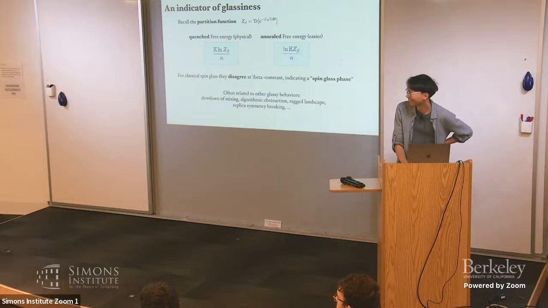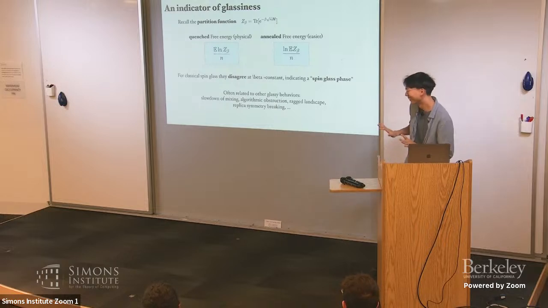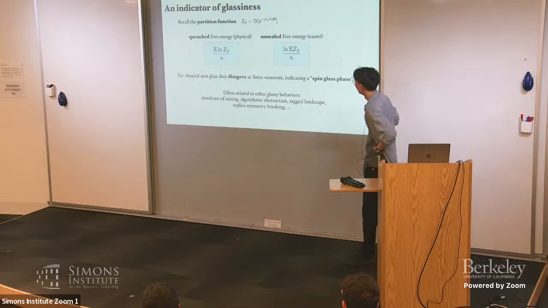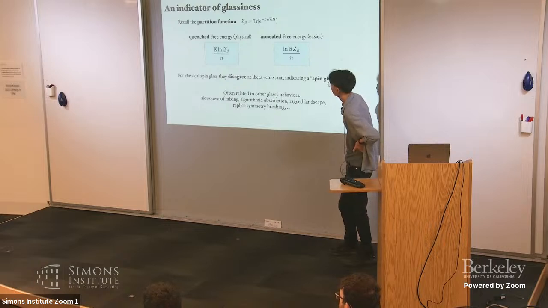So disagreement is a quantitative statement in the sense that for non-glassy systems, you expect when n goes to infinity, these two things are the same. Specifically, if all the coefficients are positive, bounded away from 0. In the k-local case, the coefficients are not of mean 0 anymore; they are all positive.